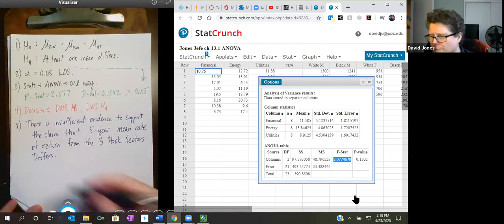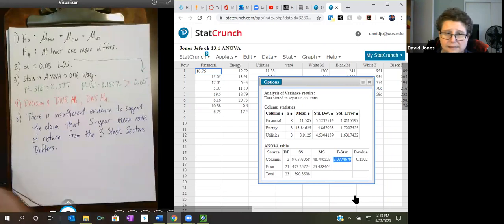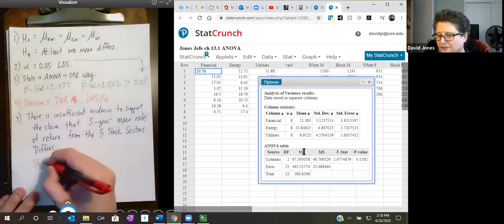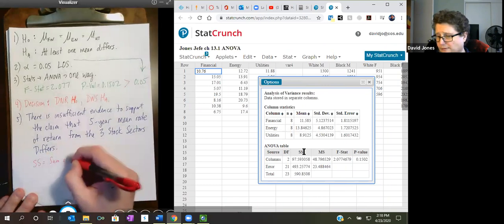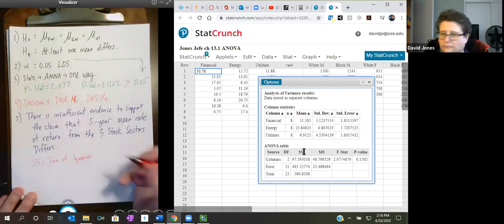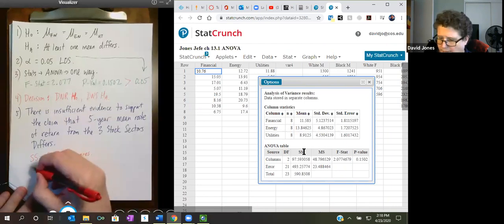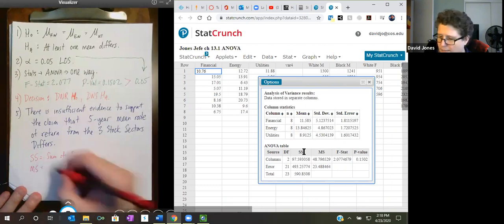That table shows some other things. SS, see right there? The first problem actually asks you to compute it by hand, and I'm going to show you how to do it. SS stands for sum of squares. MS is mean of squares.